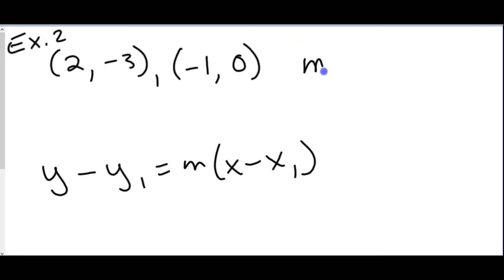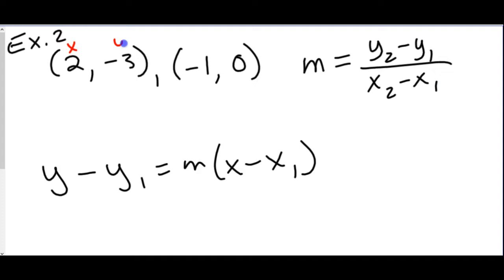So the equation for slope is y2 minus y1 over x2 minus x1. So we said before every point is x and y. The problem is, since we have two different points, we're going to call the first point x1, y1, and the second point x2, y2. So now we have stuff we can plug into our slope equation.